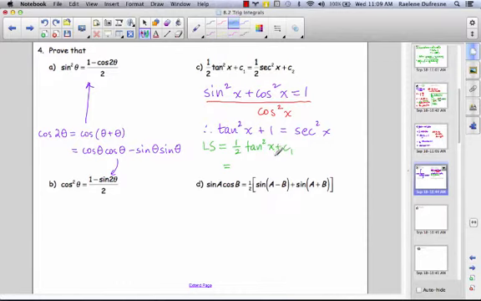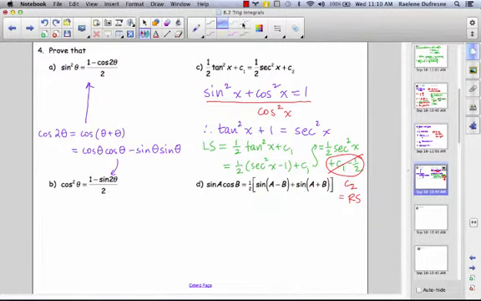We can replace the tangent squared x with secant squared x minus 1 plus c1, and we know that we're going to have 1/2 secant squared x, which is good, plus c1 minus 1/2, and we simply gather that expression up and give it a new name of c2. And so we end up getting the right-hand side, and we've proven the result.